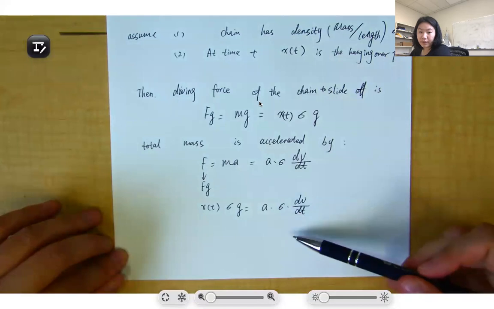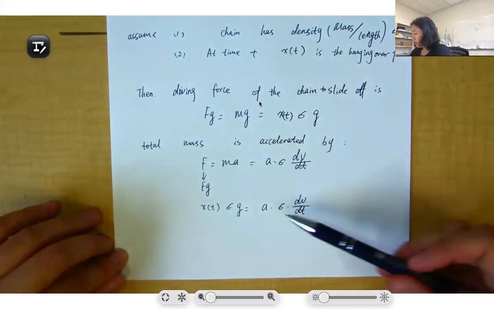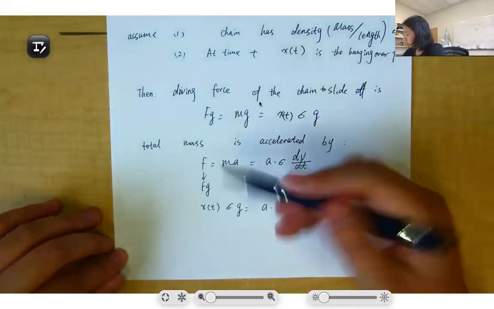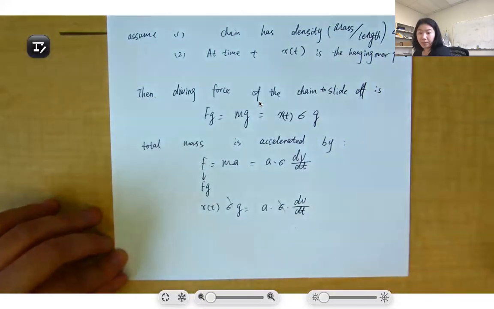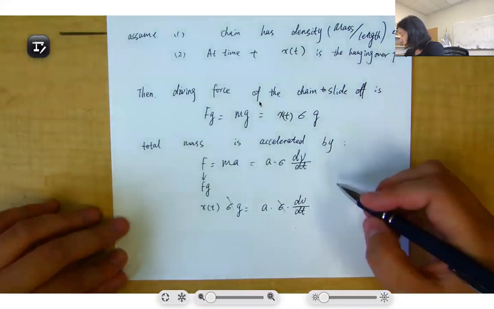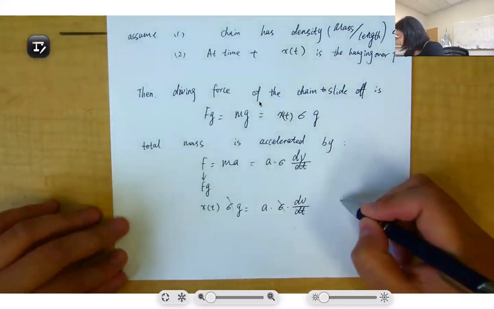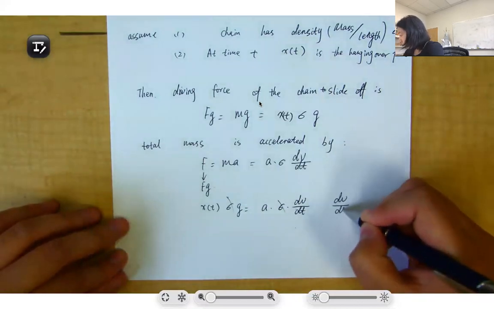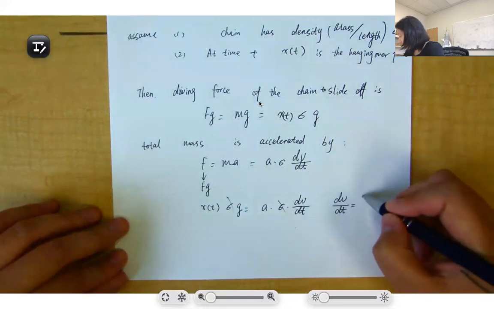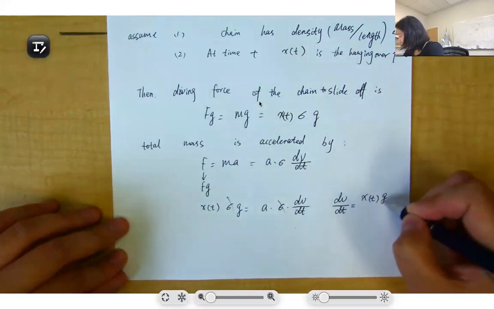So we can write these equations. And we know that the sigma and sigma can cancel out. So you can cancel out the sigma part. What you can get is dv over dt equals x(t) times g over A.